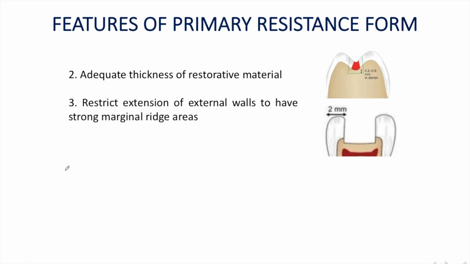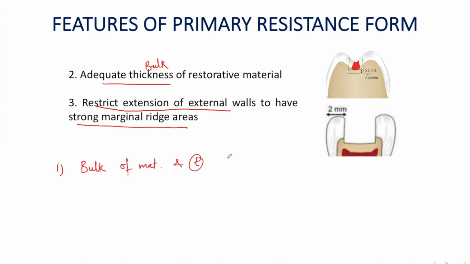Now let's come to another point. For adequate resistance form, we should have sufficient bulk of the restorative material and restrict the extensions of external walls to have strong marginal ridges. The first reason behind these features is simply that sufficient bulk of both restorative material and tooth structure will have more strength to bear the masticatory forces.